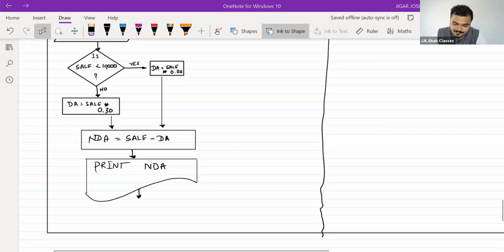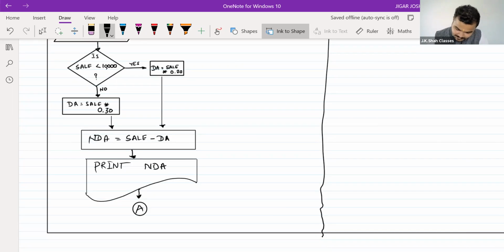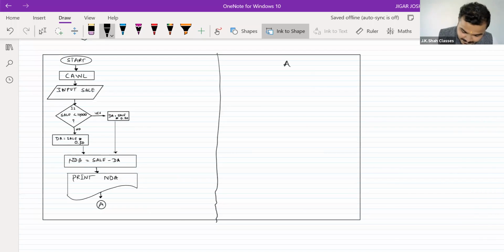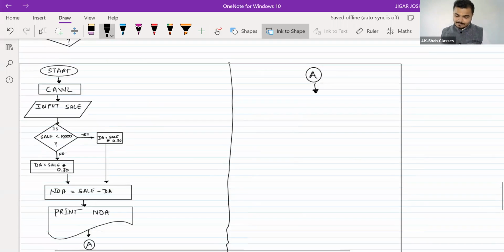What to do? A very simple thing, people. You can write the connector A right now. We'll take this thing on the next page. We'll write A over there and continue our journey. Understood? Clear, people?